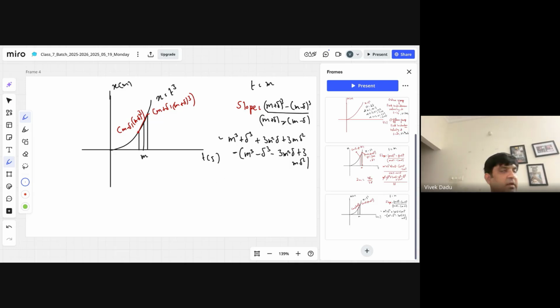If you want, you can note this formula. (a plus b) whole cube, this will be handy, is a cube plus b cube plus 3a square b plus 3ab square. And (a minus b) whole cube is the same thing except that in front of b cube you have a minus sign and in front of 3a square b you have a minus sign.